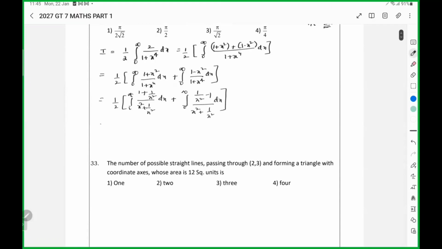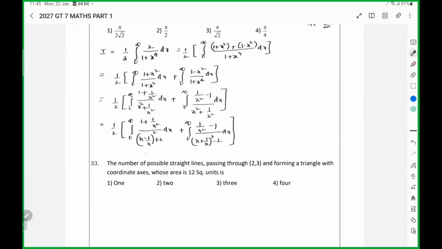Here, to convert it to the simplest form, I will write x square plus 1 by x square plus 2 dx, and x plus 1 by x whole square minus 2 dx.